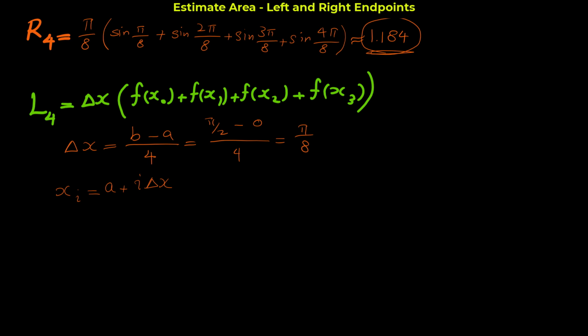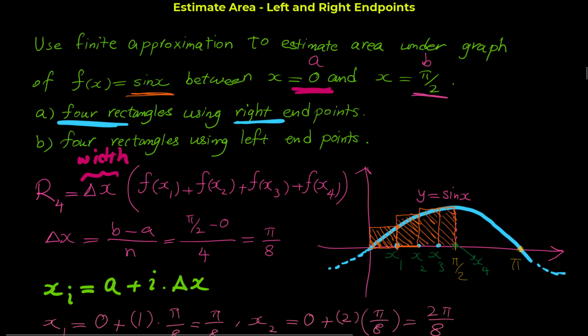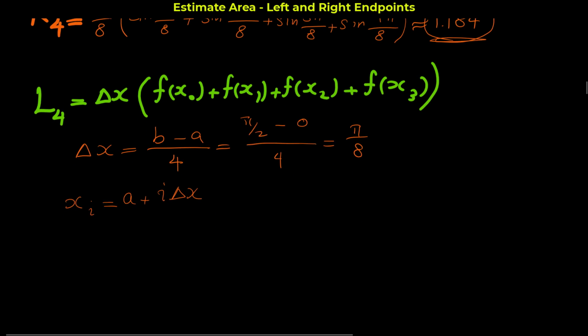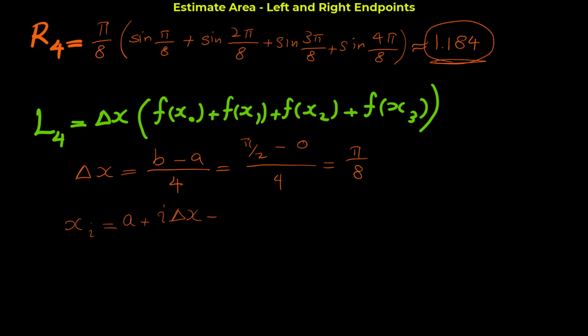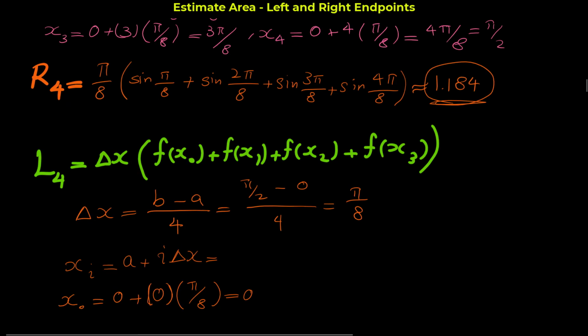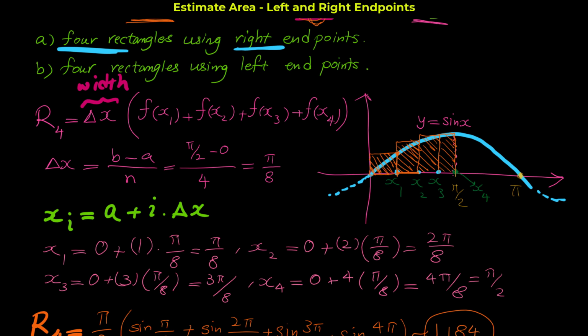And in this question, a is 0, so x0 is 0 plus 0 times delta x, pi over 8. 0 times pi over 8 is 0, plus 0 is 0. Basically, the x0 in this question is exactly here, the left endpoint of the interval.